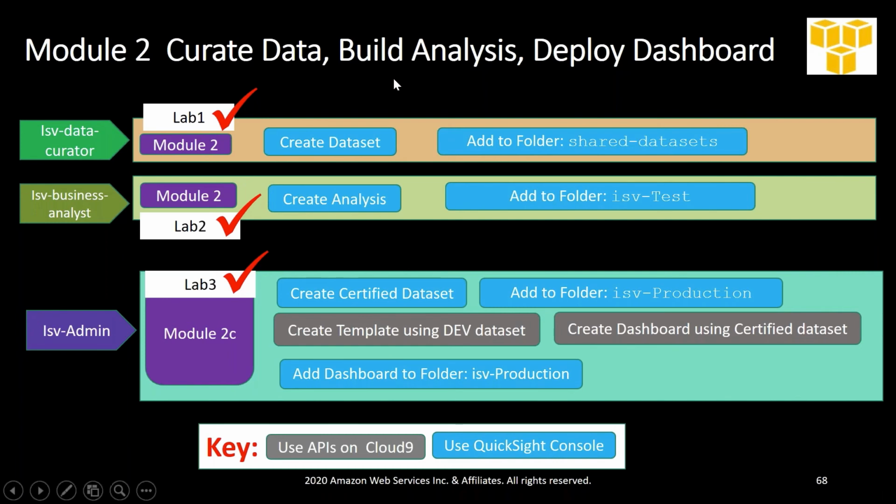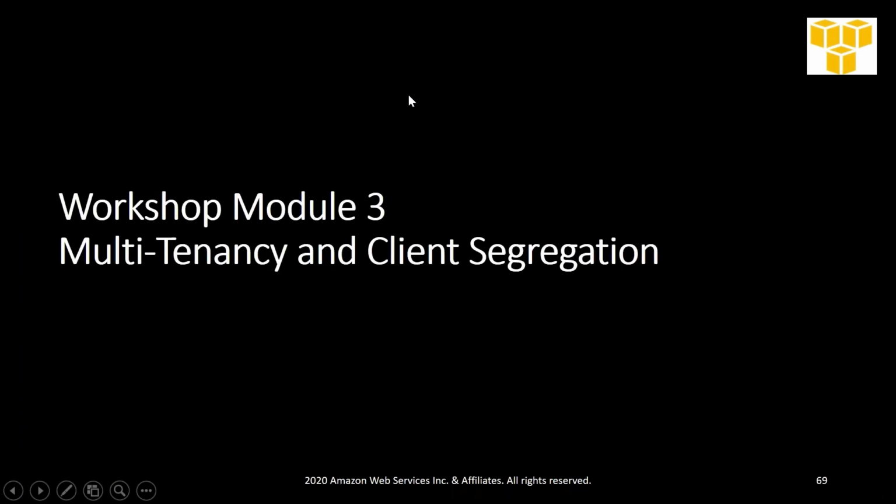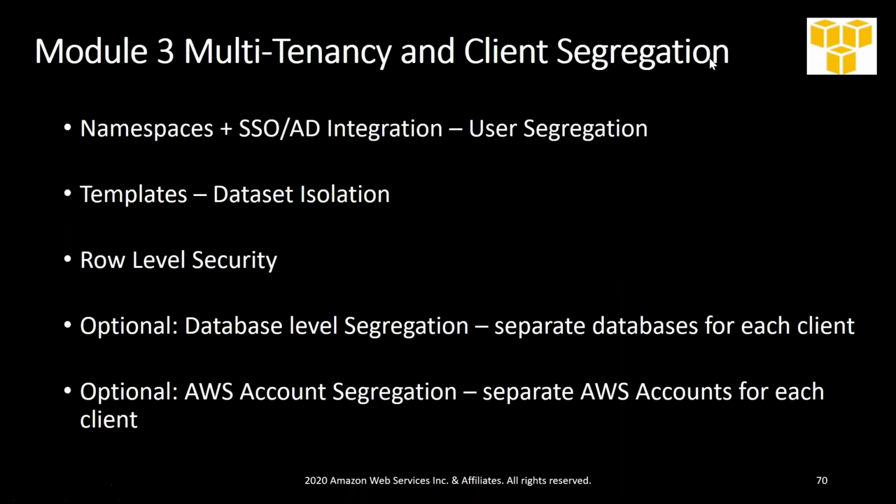Okay, so we'll then move on to the next module. The final module here is to implement multi-tenancy and how do we implement client segregation, right? So there are multiple different pieces that are involved in implementing multi-tenancy.